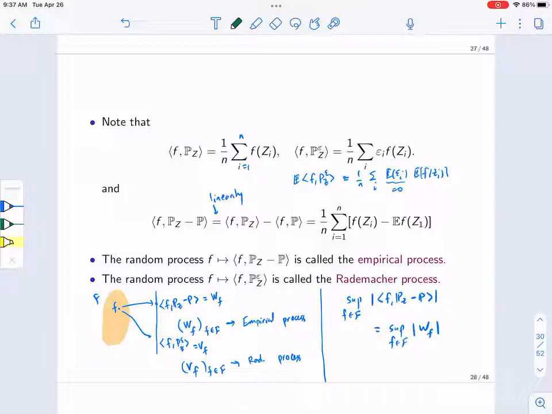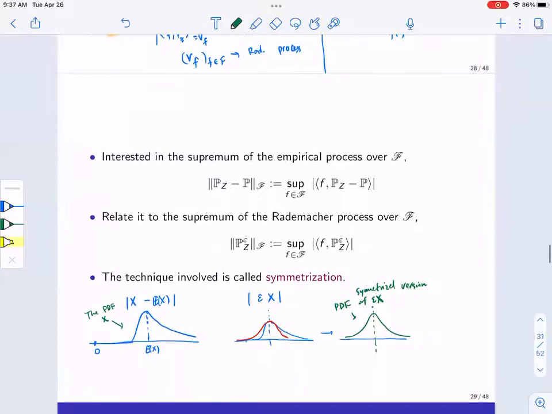Each coordinate is a random variable, but the coordinates are indexed by functions. So the index set could be an infinite, uncountable set. And the Rademacher process is this corresponding process. And you can see, again, this deviation is just that. And then we wanted to relate this to this, okay?